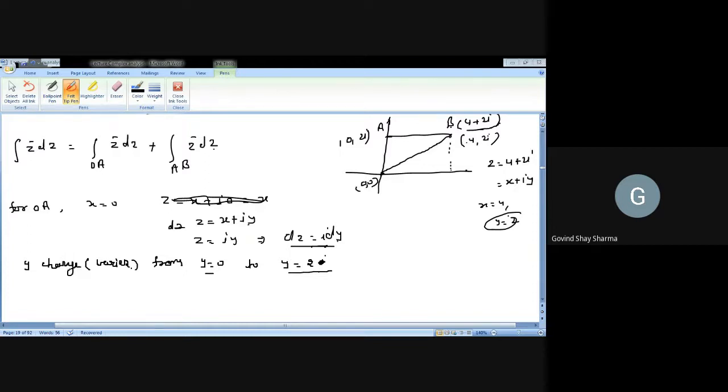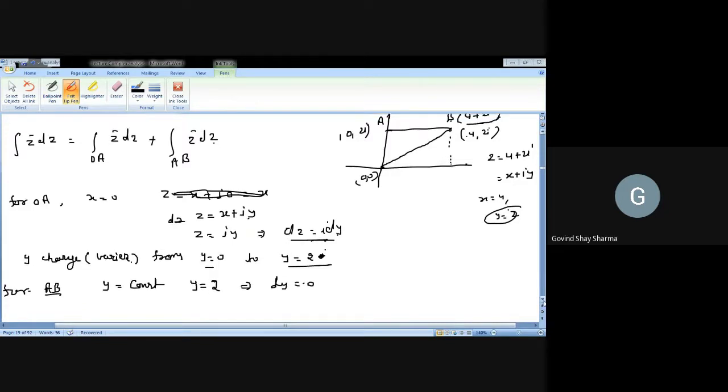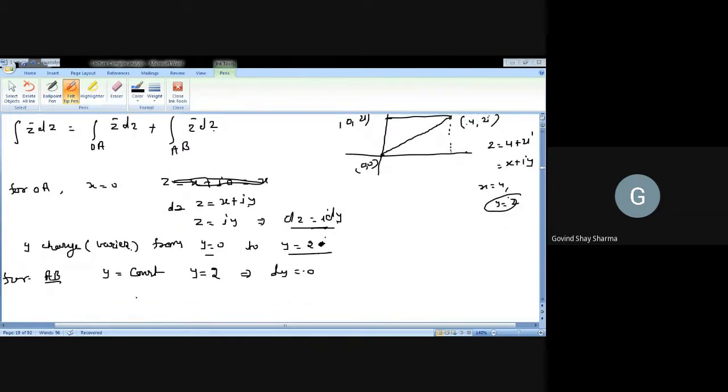For OA, y varies from 0 to 2. For AB, y is constant at 2, so dy is equal to 0, and x varies from x is equal to 0 to x is equal to 4.